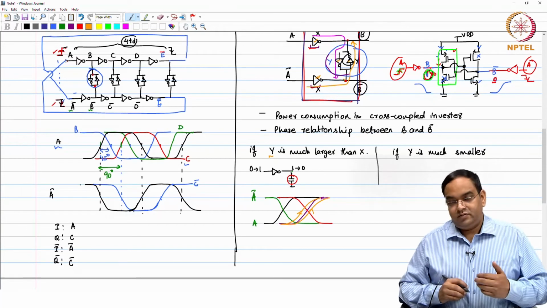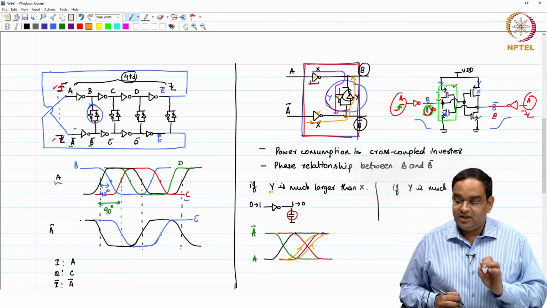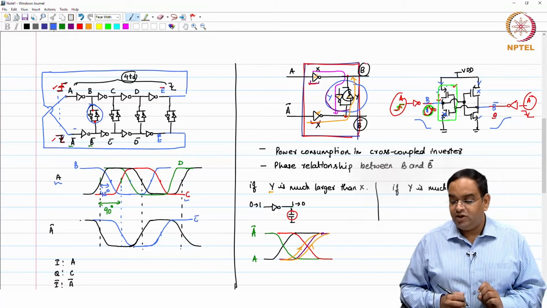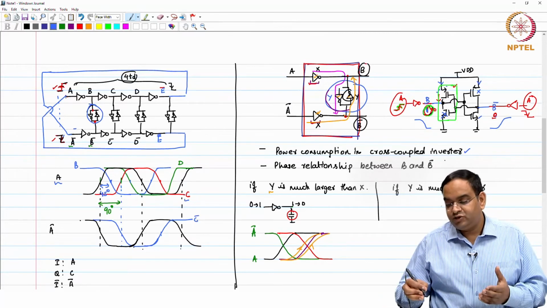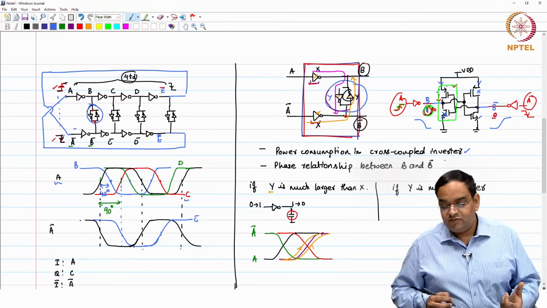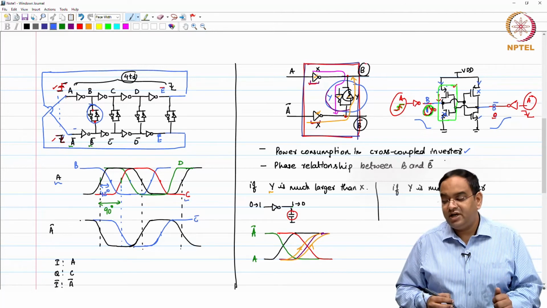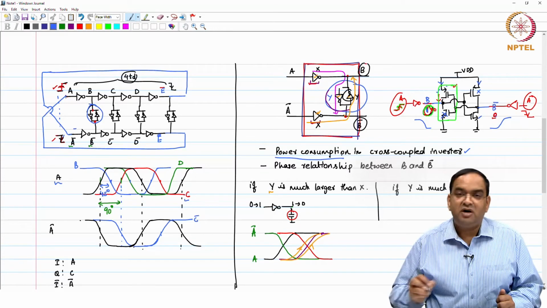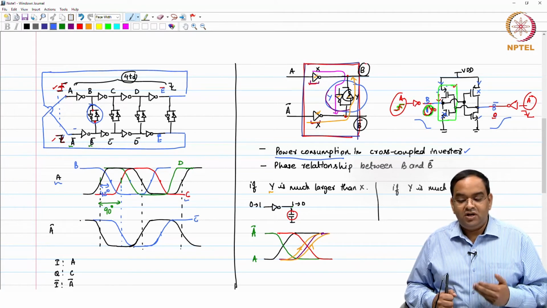And whenever you are using these cross coupled inverters, they consume a good amount of power. That is one thing also, that in whichever case we cannot use a much smaller size for y, because the phase relationship will not be good. So, we will optimize the size, and whatever size we are using will have a good amount of power consumption. It adds to the power consumption of the oscillator.